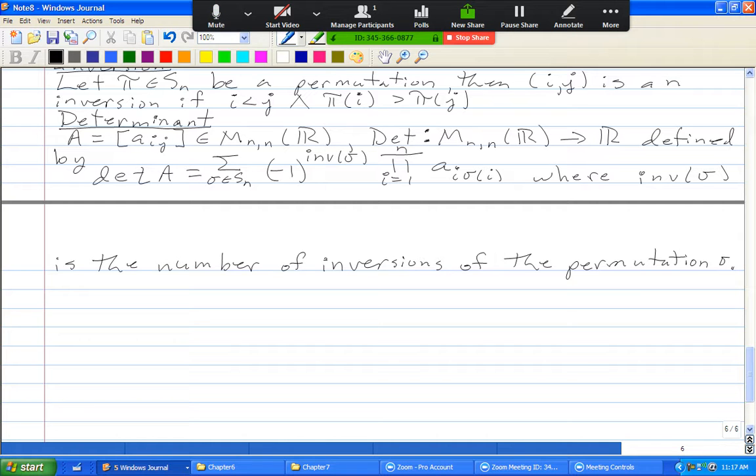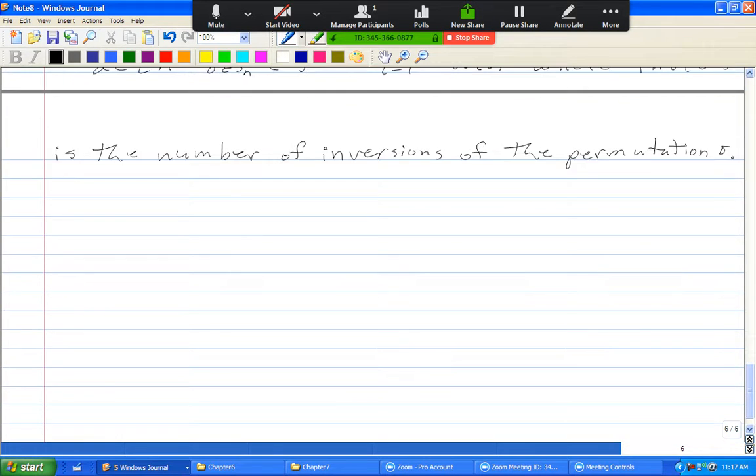So Cramer's rule. So suppose you have the following.